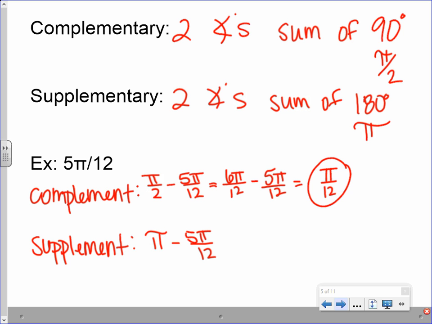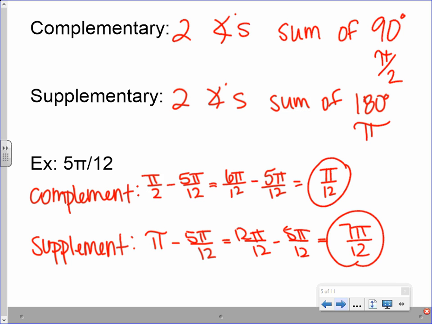Common denominators, we have 12 pi over 12 minus 5 pi over 12. So our supplement would be 7 pi over 12. I do not feel like we need to practice that in class in degrees.